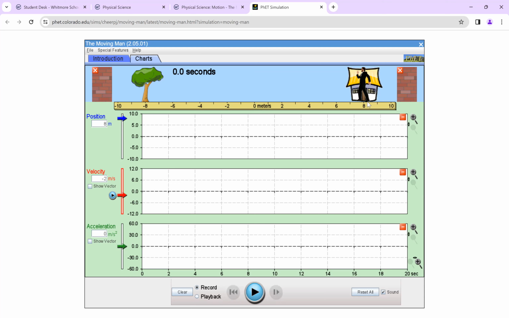He's moving 2 meters per second. So in 1 second, he's at 6. Use that to see how long it's going to take him to get to 0 meters. Okay, so it's going to take him 4 seconds to get to 0, and then another 4 seconds to get to the tree. There you go. So it should happen in 8 seconds.